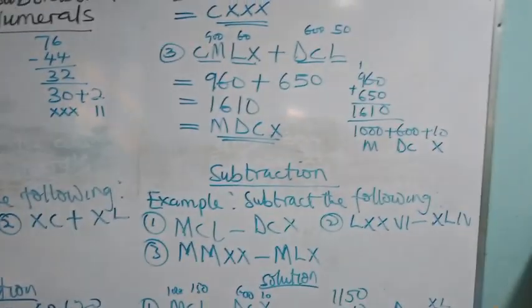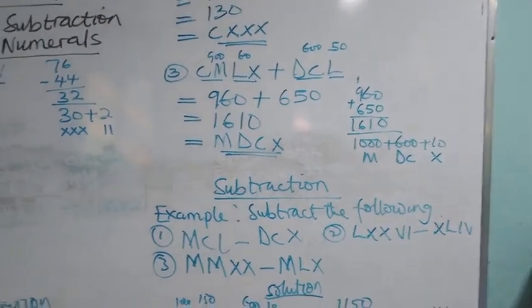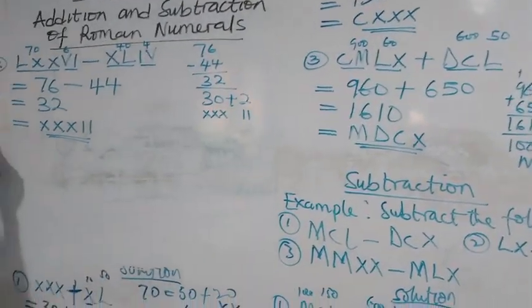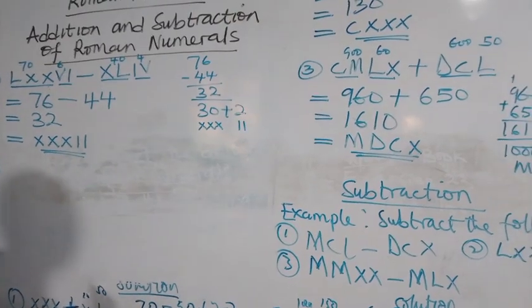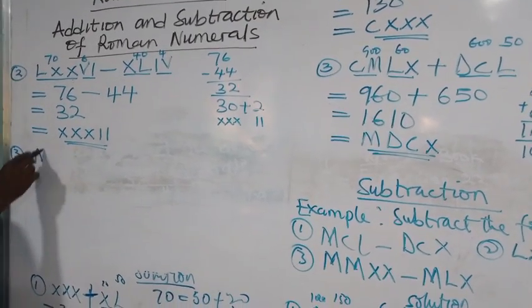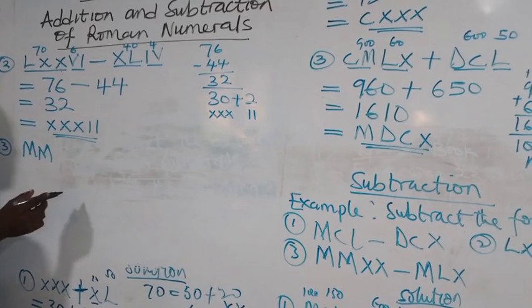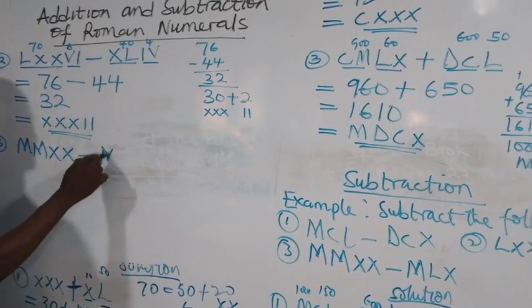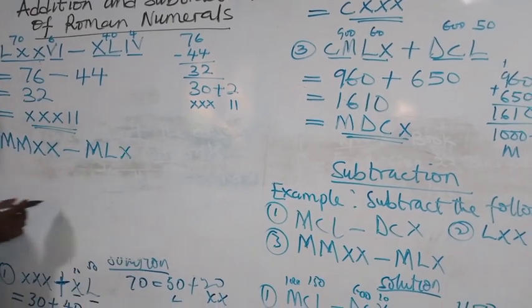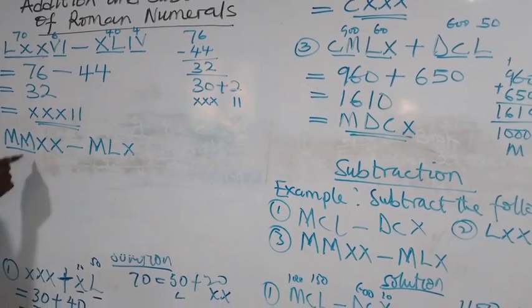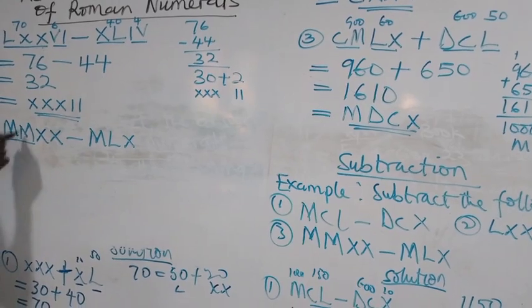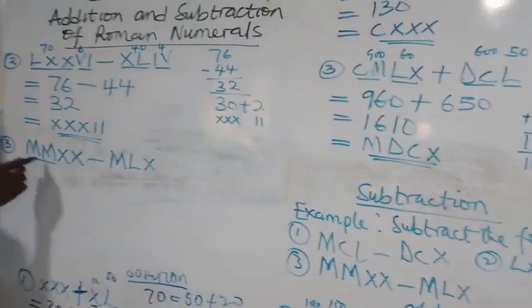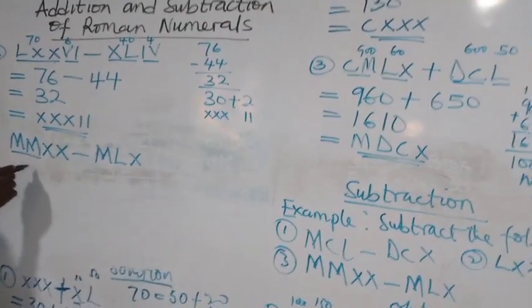Now let's consider the last question. The last question here is MMXX minus MLX. MM is 2000, M is 1000, another M is 1000, 1000 plus 1000 will give us 2000.